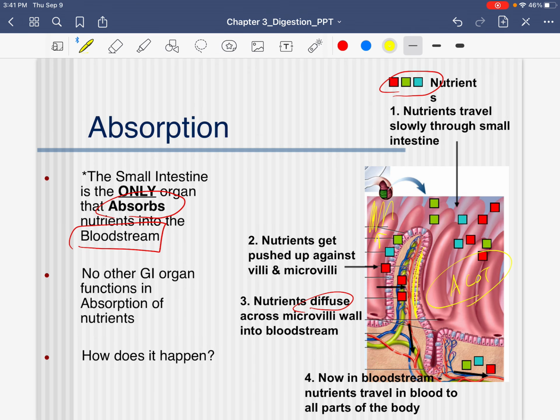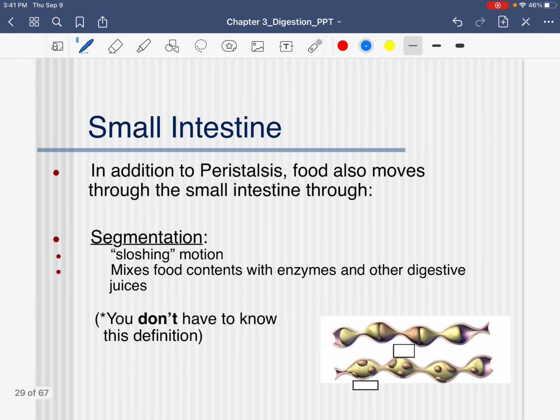So what happens is these nutrients diffuse from higher concentration here, and they line up against the villus, and they diffuse from higher concentration inside the small intestine wall to lower concentration in the bloodstream.